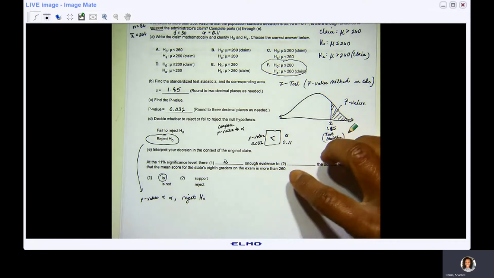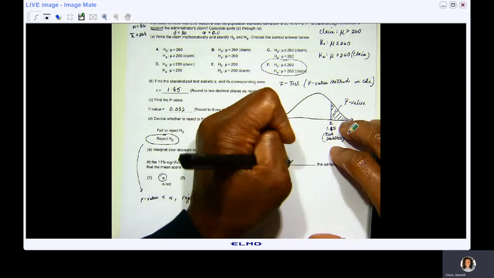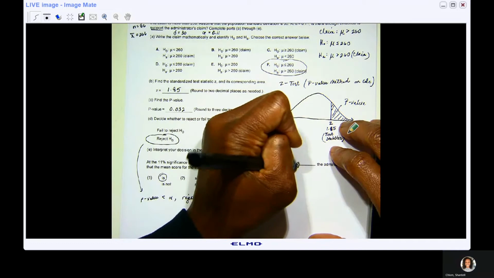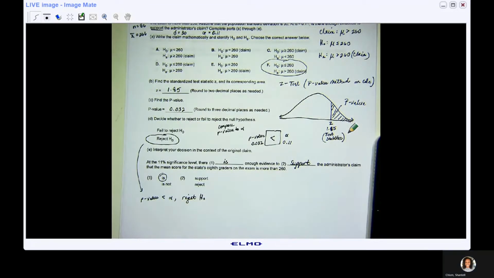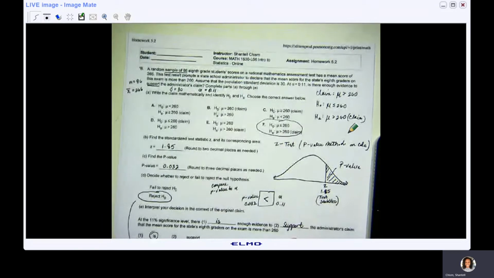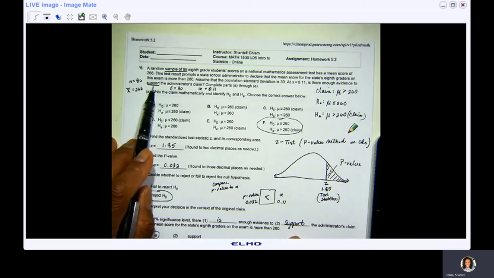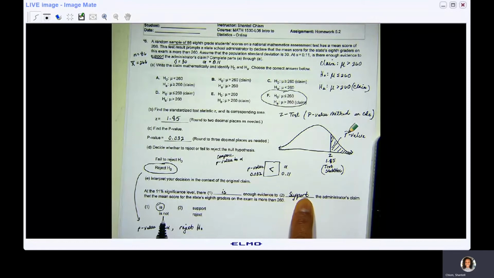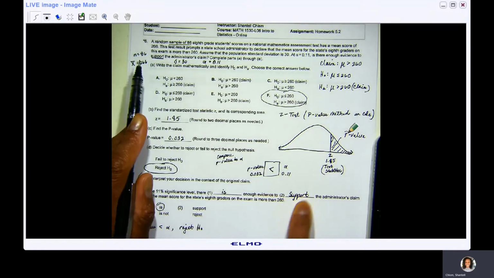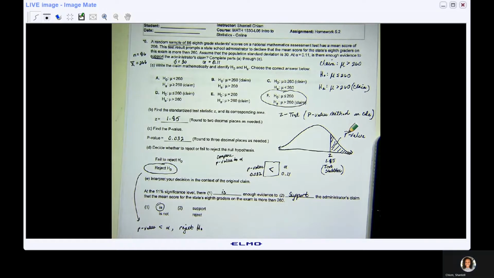So we say there is enough evidence to support the state administrator's claim. Okay, a little hint: notice that they use the word support up here. So you should know to use it down here. There is enough evidence to support because it says it up there.